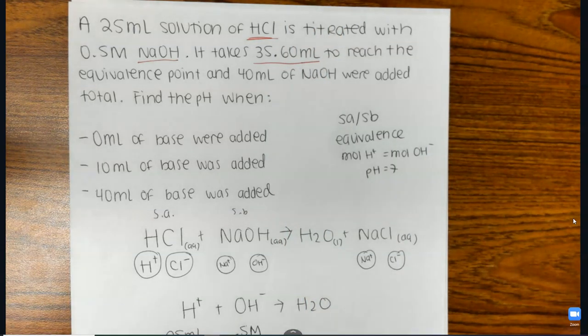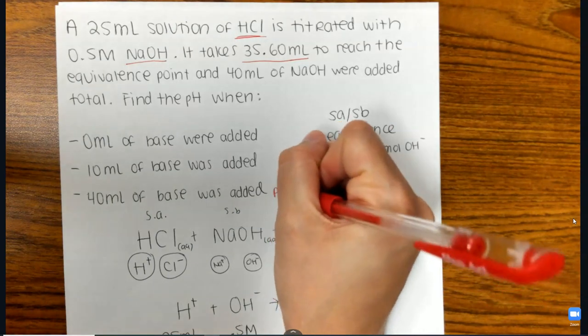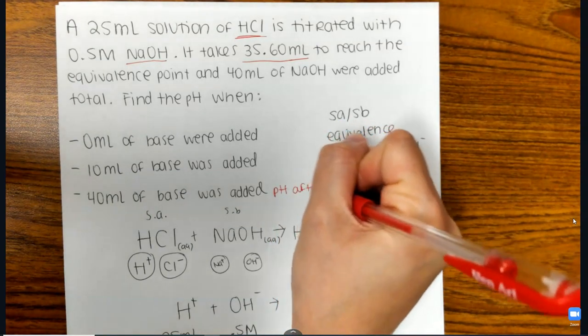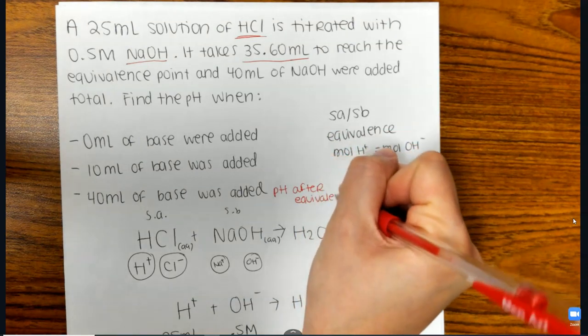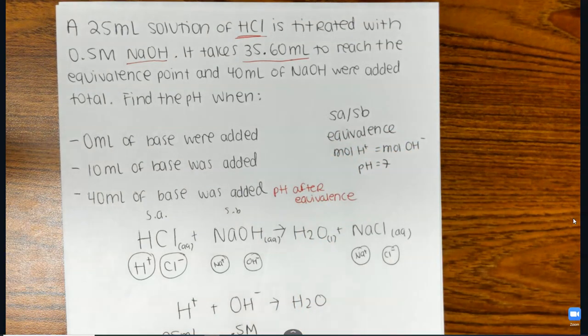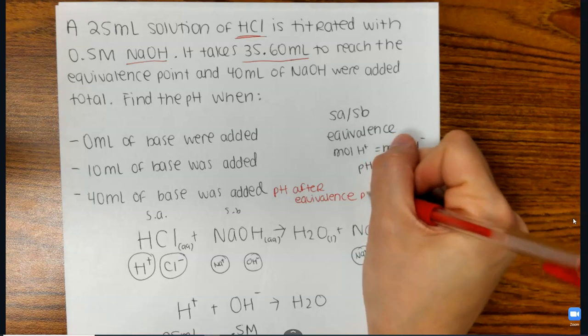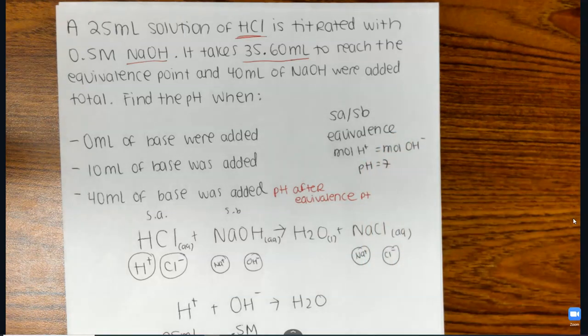So really what we're finding is how to get the pH after equivalence. You might not be asked exactly 40 milliliters, but just how to find the pH after the equivalence point. It could be any volume, and the steps you take are still going to be the same.